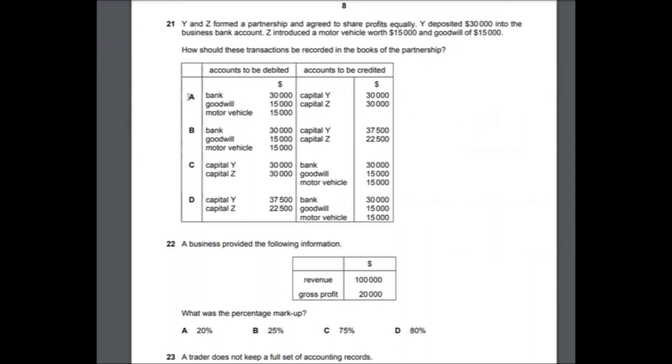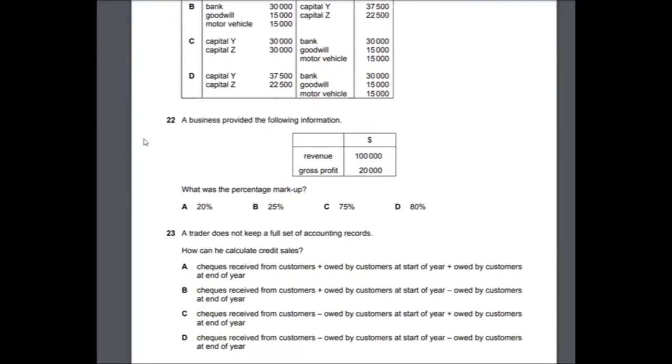So the total of debit side in this case is 60,000, which has to be shared between partners equally because they share profits equally, right? So $30,000 each for each of the partners Y and Z. And the correct answer to multiple choice 21 is option A, as simple as that.